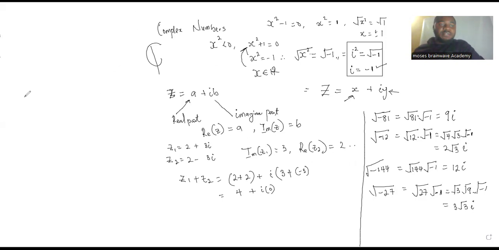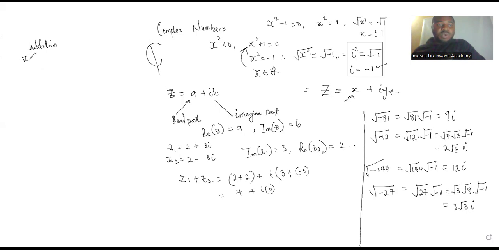So, like I said, we can operate on complex numbers. For instance, let me use this particular part to give a generalization of addition of complex numbers, right?